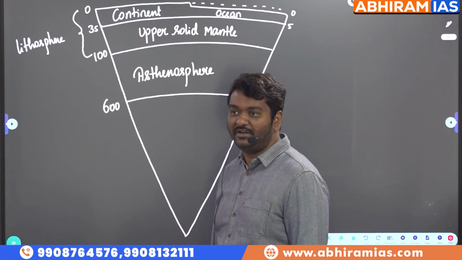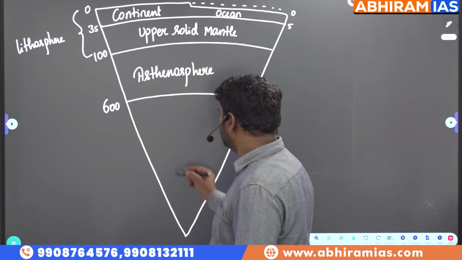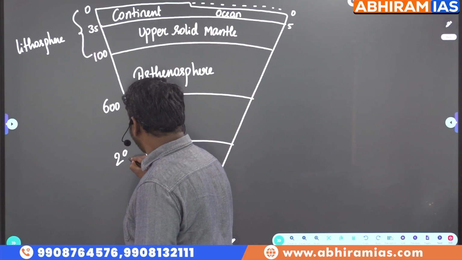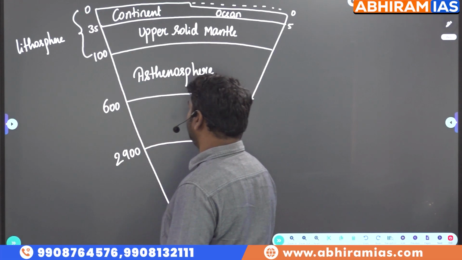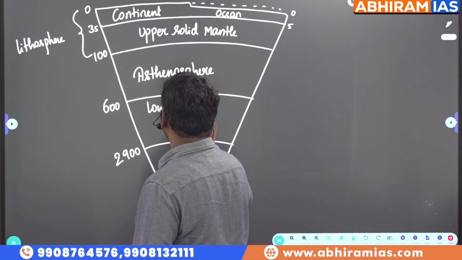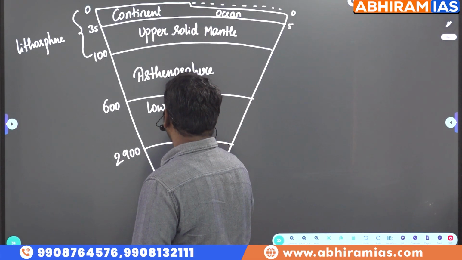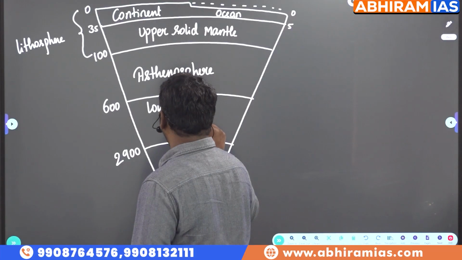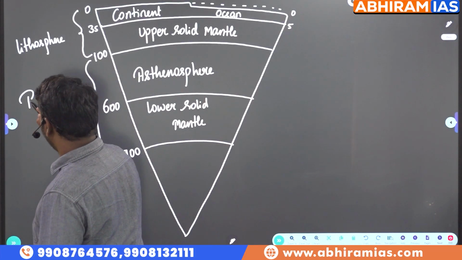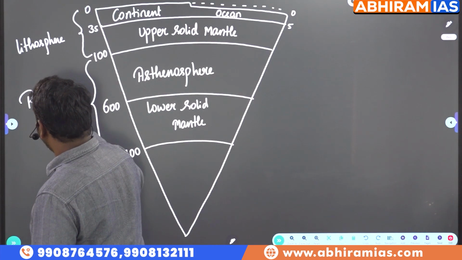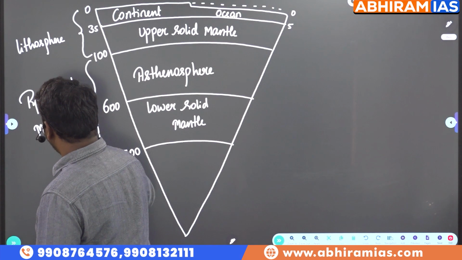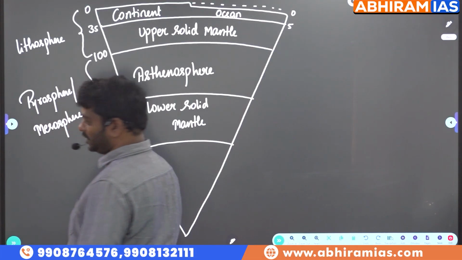Asthenosphere is semi-solid layer. Till 2900 kilometer, it is lower solid mantle. This particular part is called pyrosphere or mesosphere.